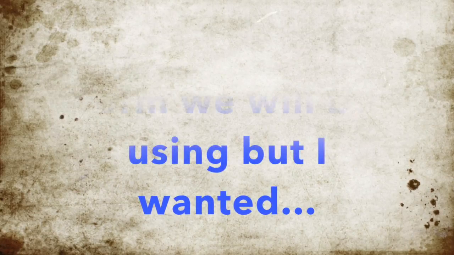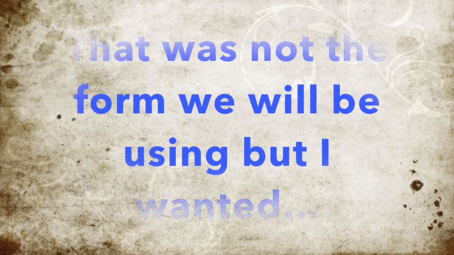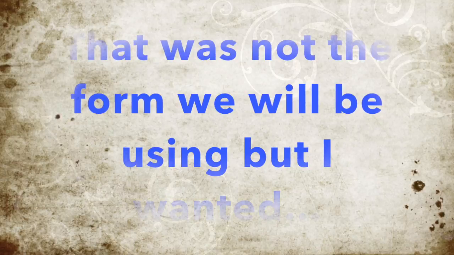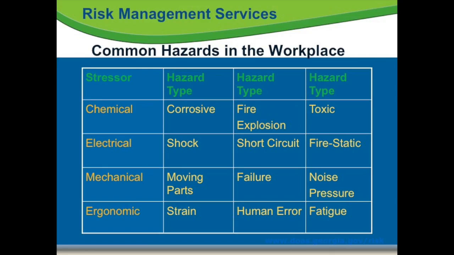All right. Okay, the next slide is kind of pretty. Risk management services, common hazards in the workplace. The stressor, hazard type. The stressors they have listed are chemical, electrical, mechanical, ergonomic.